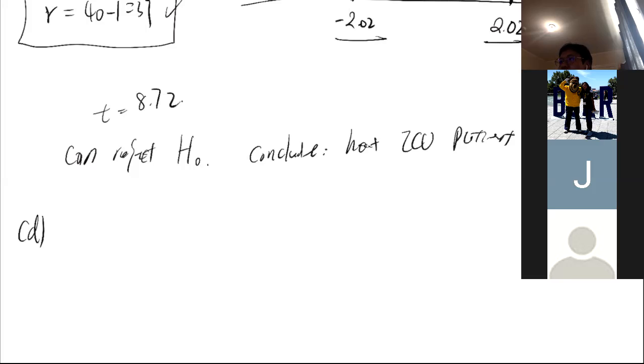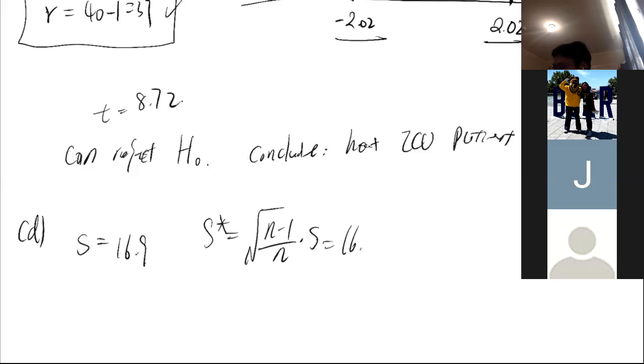The problem itself gives you an estimator for the true population standard deviation, because in this question, the standard deviation of 16.9 is a sample standard deviation. The question tells you the estimator for the population standard deviation is the square root of n over n minus 1 times s, which is 16.7.